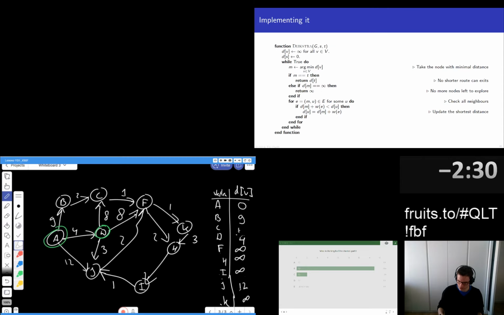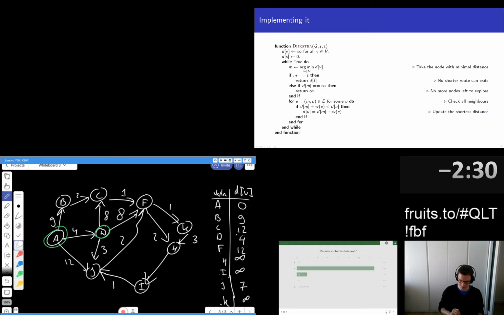So C now has a distance of 12. F, also an improvement over infinity: 4 plus 8 equals 12. And J, 4 plus 3 is an improvement over 12. So this 12 becomes 4 plus 3, which is 7.